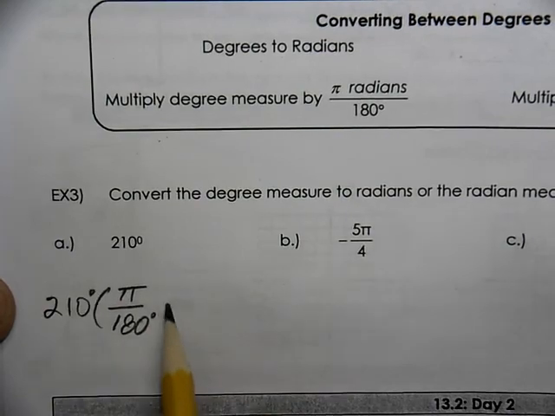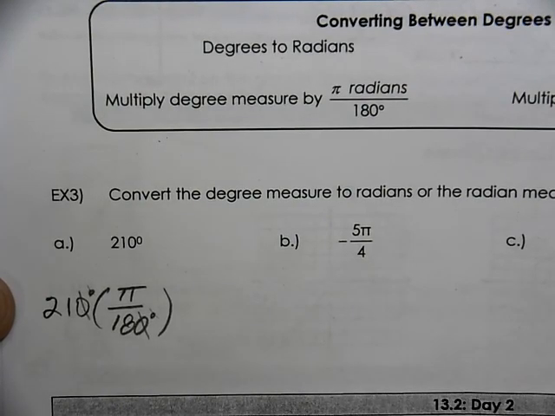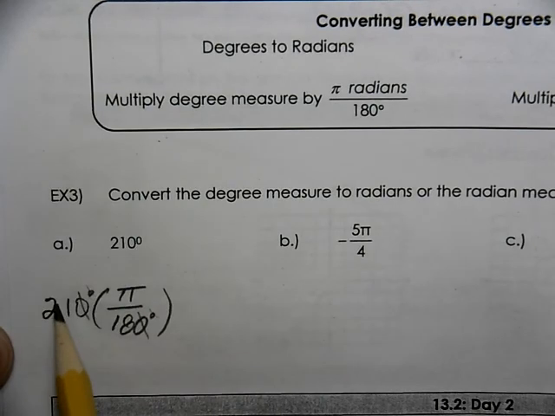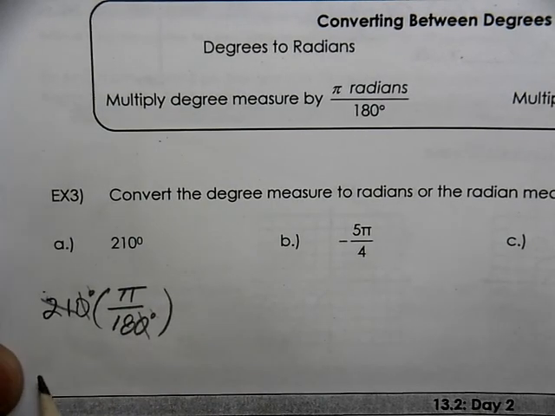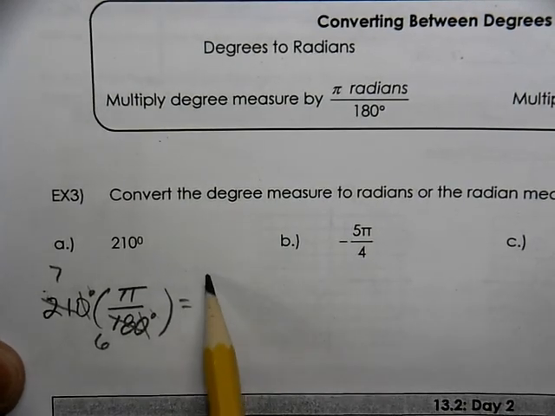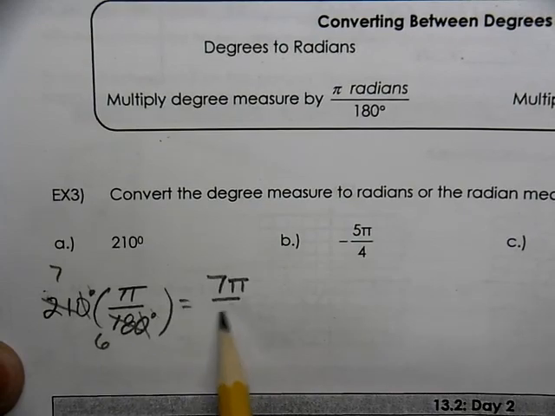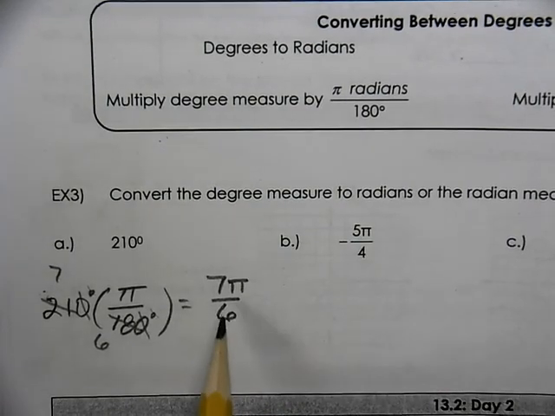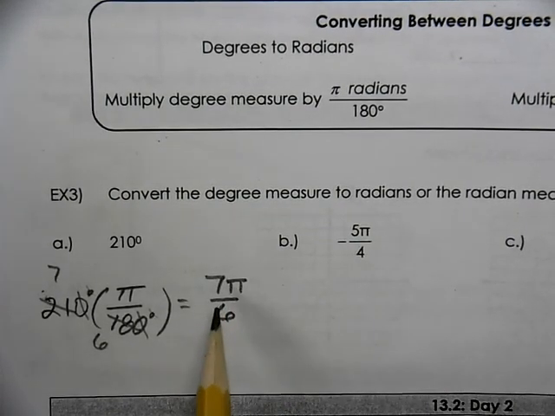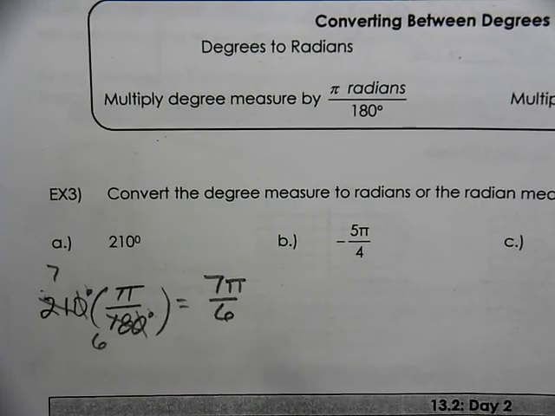Those are your degrees, so your degrees can cross out. Your zeros can cross out by dividing by 10. 3 can go into 21 7 times, and 3 can go into 18 6 times. So this is really 7 pi over 6. So you can see that that's more than 1 pi. That's more than 180 degrees.